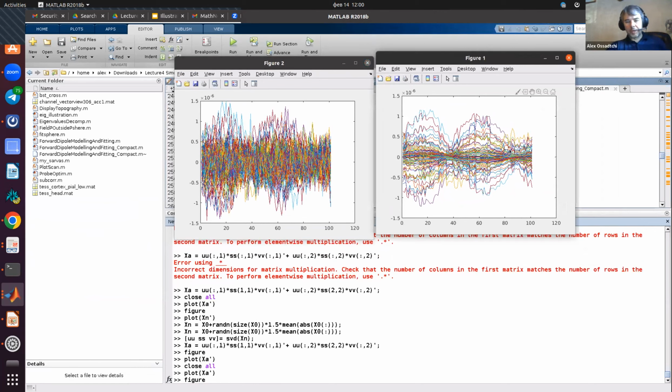So you cleaned your data quite a bit, right? And the only thing you used is that you know that there is a set of, in this case, only two powerful components that contribute to your data. And these two powerful components have a well-defined spatial and temporal structure.